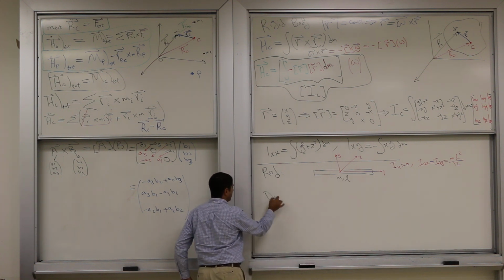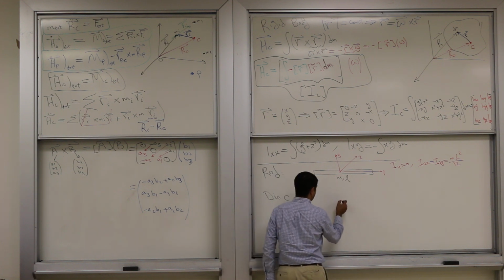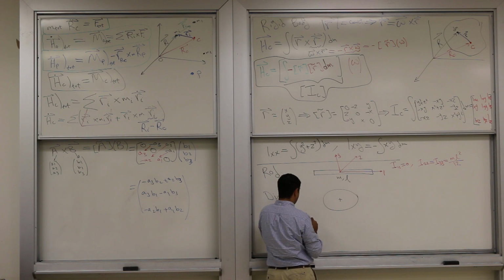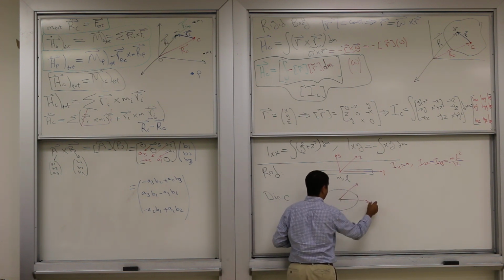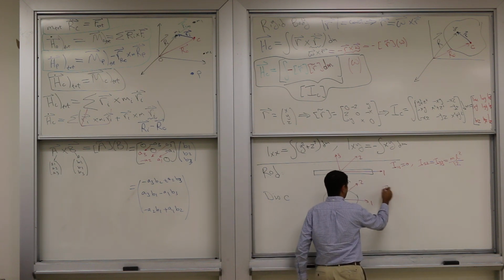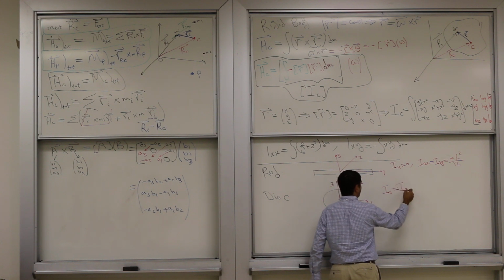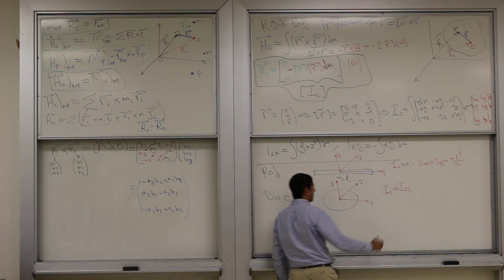And if you have a disk, for example, similarly, two axes in the plane and one out of the plane. I11 equals I22, of course, because they are similar, no preference.